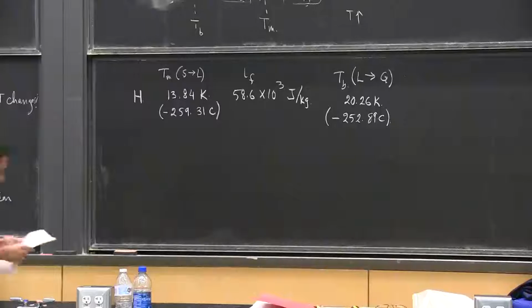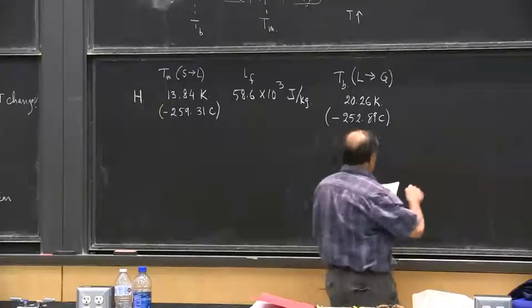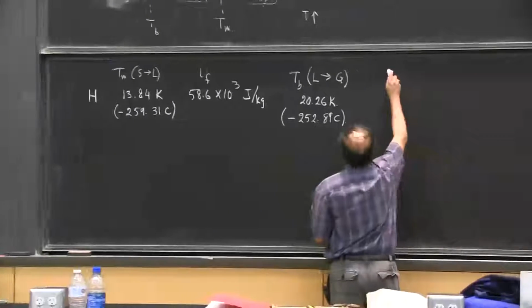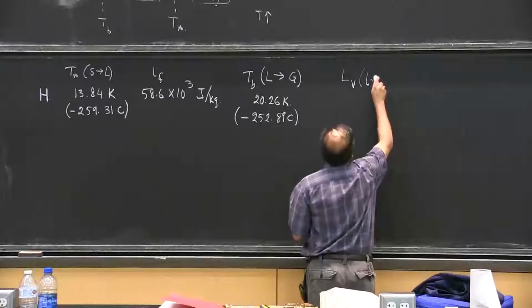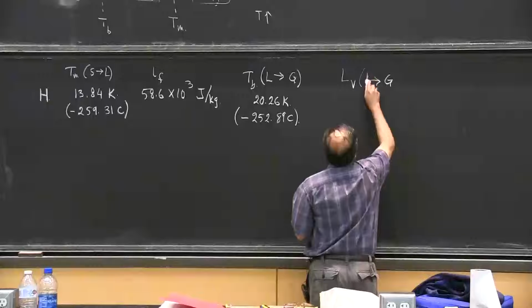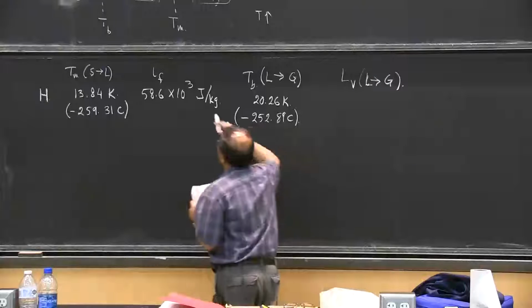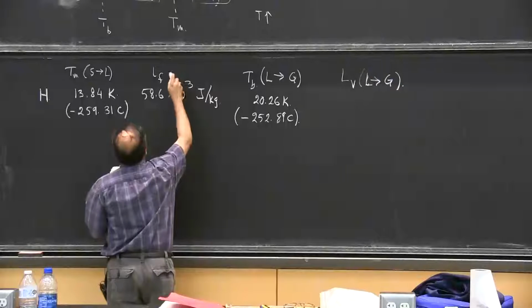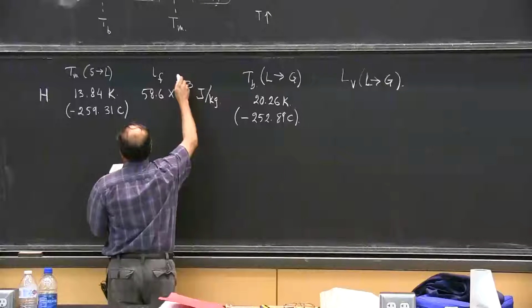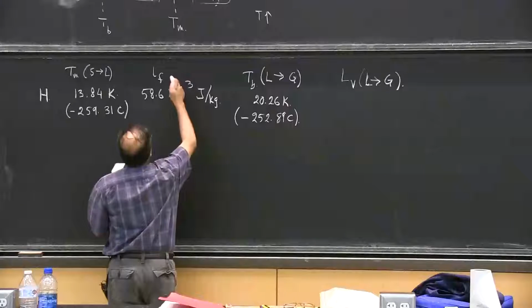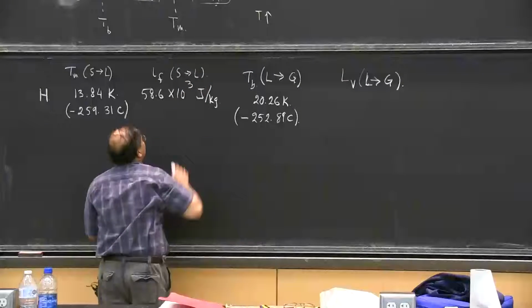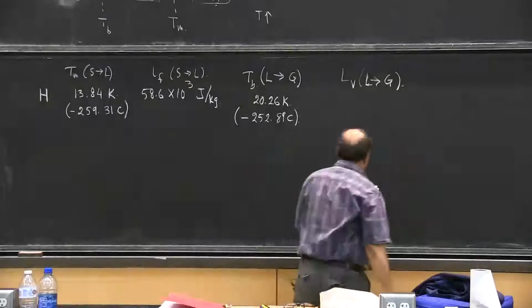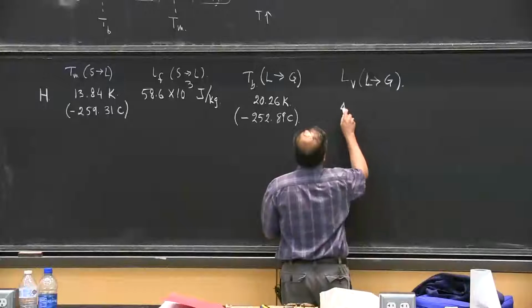And then hydrogen becomes a gas, and the latent heat of vaporization, so this is liquid to gas, and this is solid to liquid. So this is fusion, solid to liquid. So this becomes much larger.